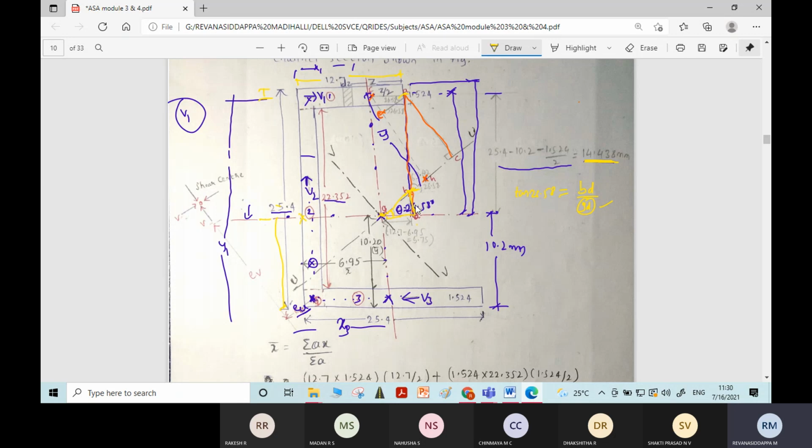AD minus BD, which we just calculated, gives the distance AB, the distance between A and B.